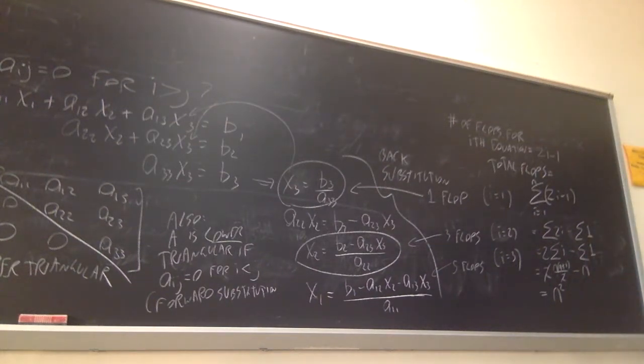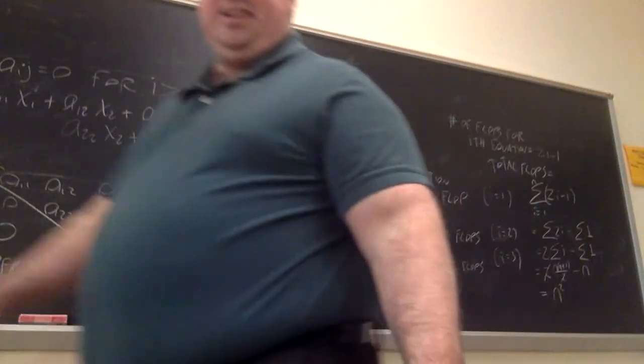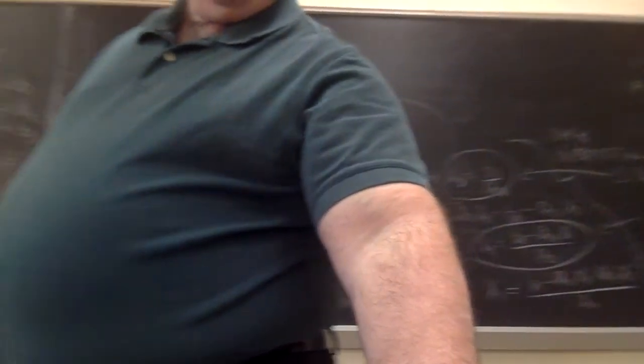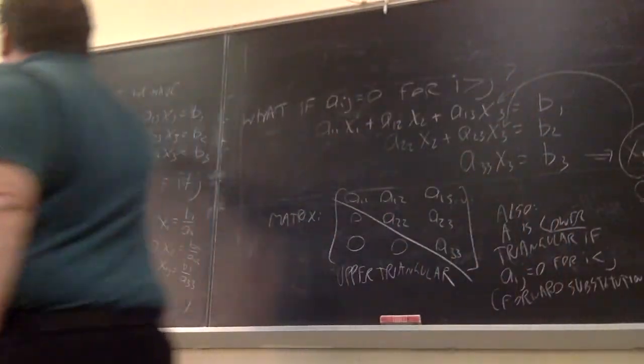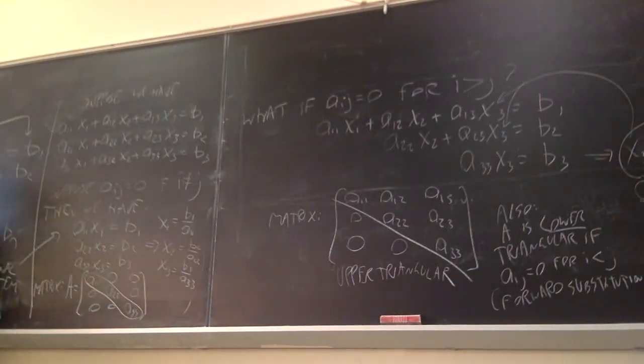What we're going to concern ourselves with is a general system of equations, something like this, where perhaps none of the entries are 0, and we want to reduce that to upper triangular form and use substitution. Now, from your first linear algebra class, you have some idea of how to do that.